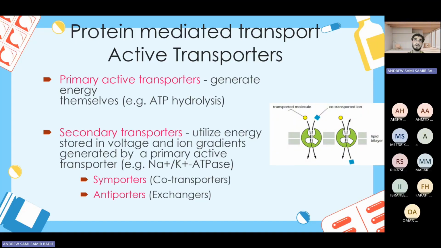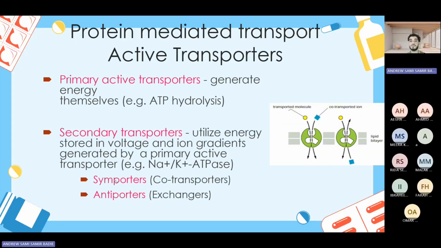The ions then go from outside the cell into the secondary transporter and go through it without using energy. But technically it's using energy from another protein.